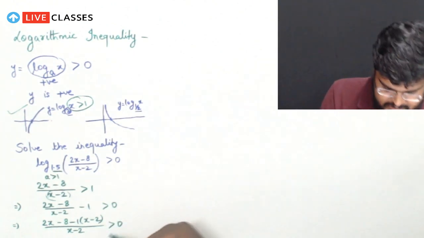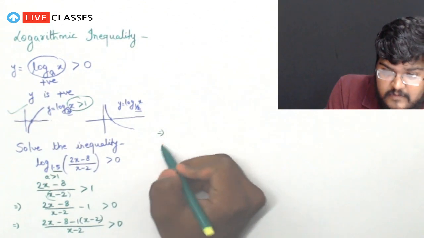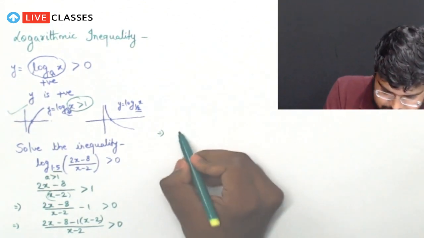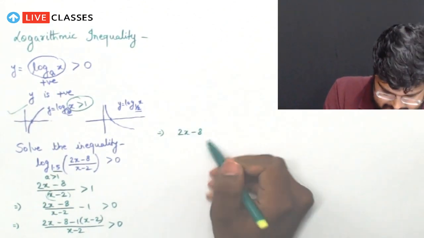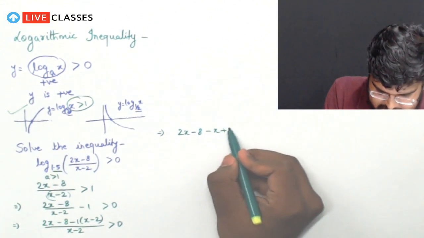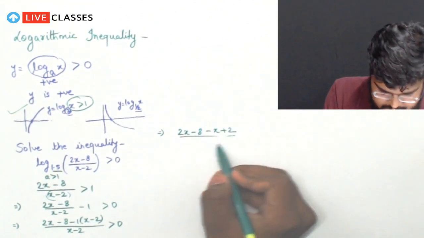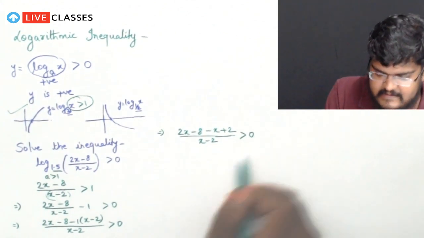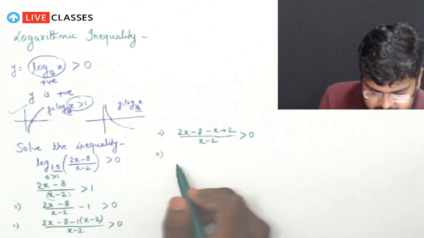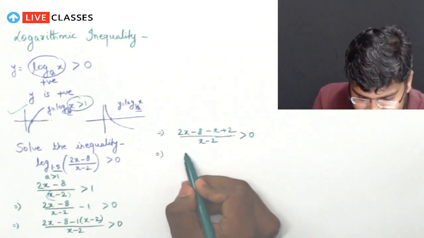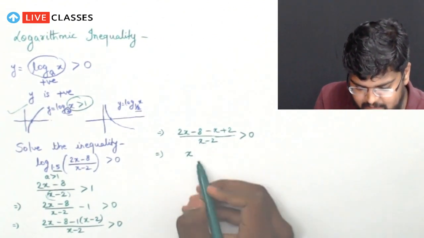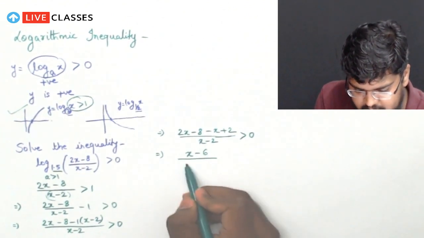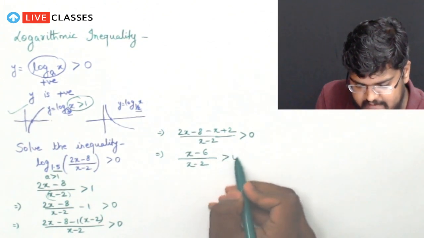Let's take this further. This will give us (2x minus 8 minus x plus 2) upon (x minus 2) is greater than 0. Let's simplify this one. 2x minus x is x, minus 8 plus 2 is minus 6, upon (x minus 2) is greater than 0.